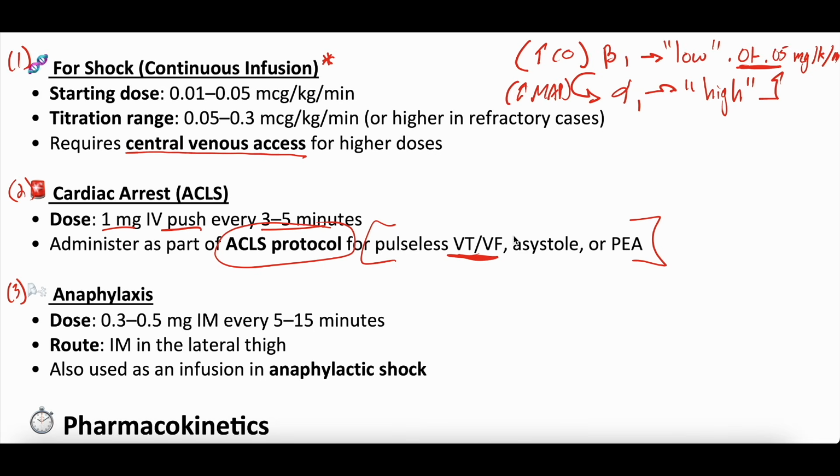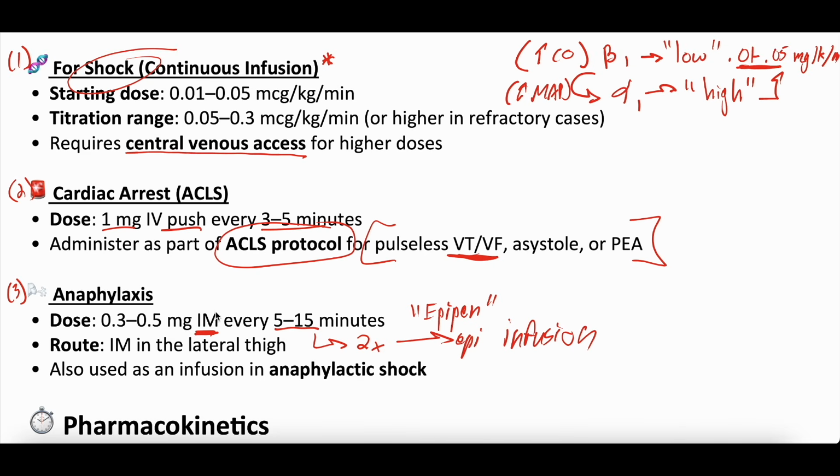And then anaphylaxis, you're actually giving it IM, intramuscular, right? This is an EpiPen. If people have heard of EpiPens, hopefully you have. It's 0.3 to 0.5 milligrams intramuscular every 5 to 15 minutes. If it is refractory to 2 doses in our practice pattern, we actually start an epi infusion, which is similar to if patients are in shock, that continuous infusion.